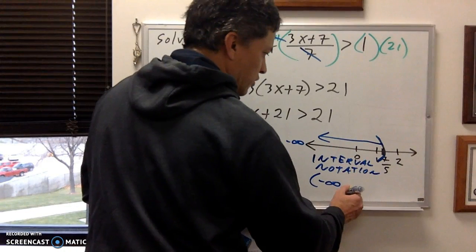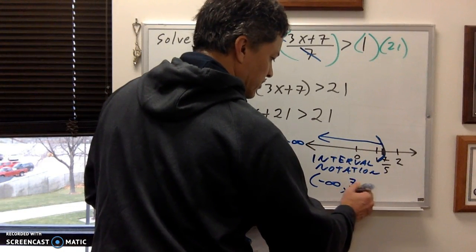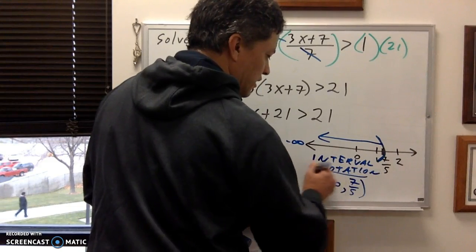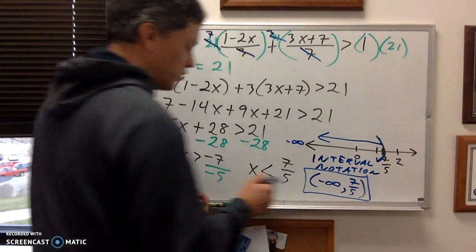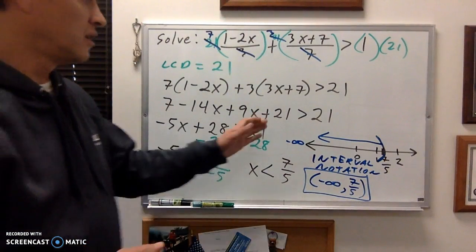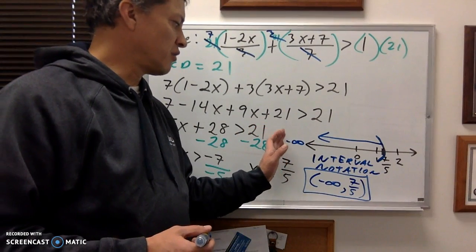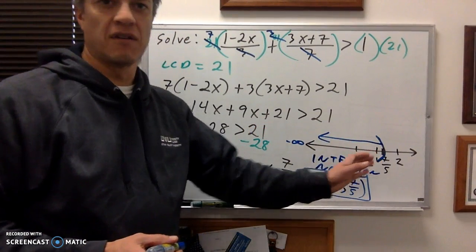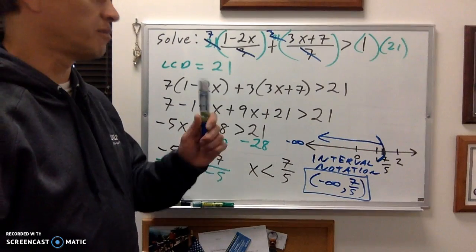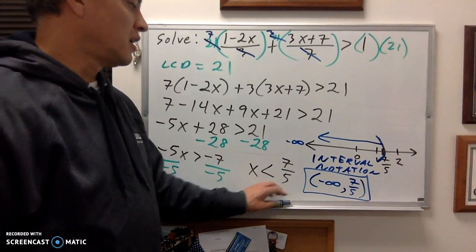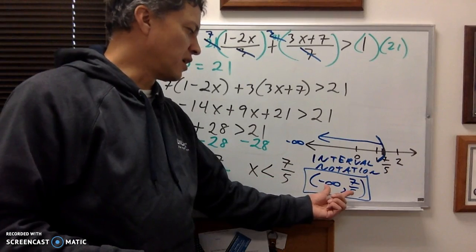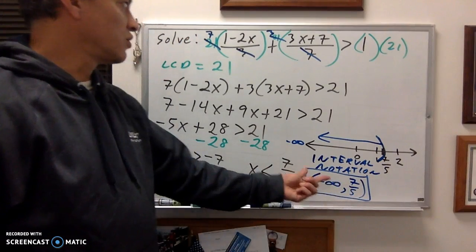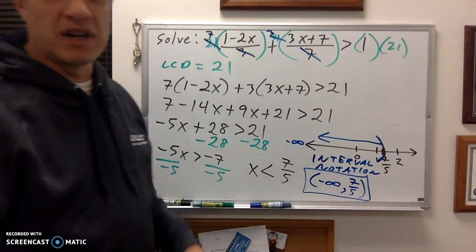And it's going to go all the way to 7/5 with a parentheses. That in interval notation is going to be my answer. It's the interval of answers from negative infinity to 7/5. My answer for x can be all the numbers within that region. All those numbers would satisfy that original inequality, as it turns out.